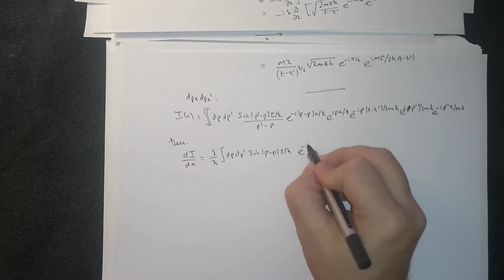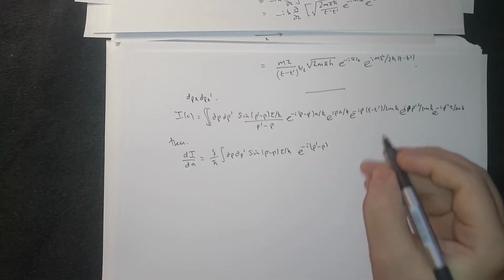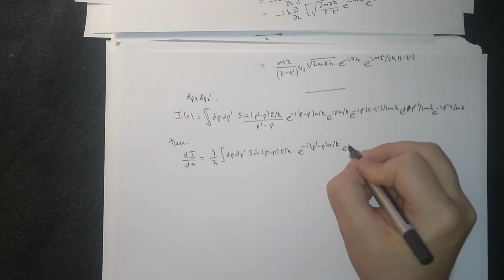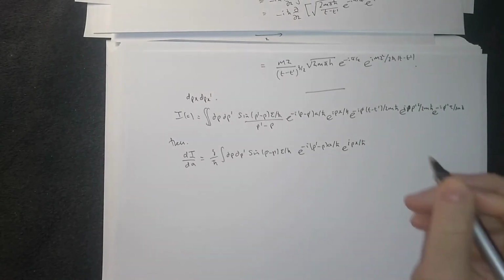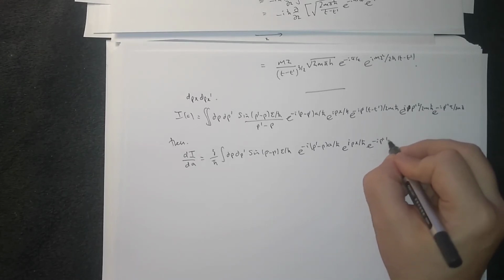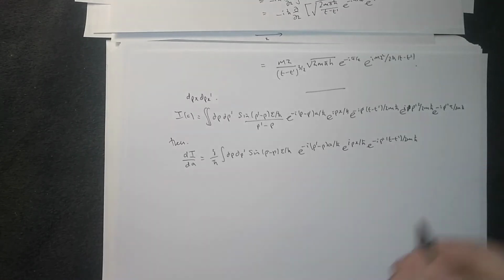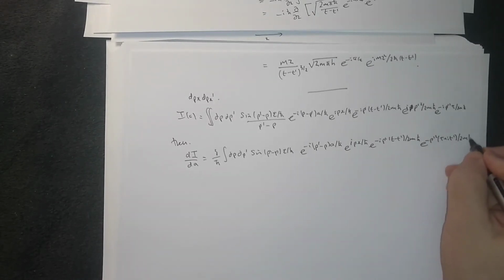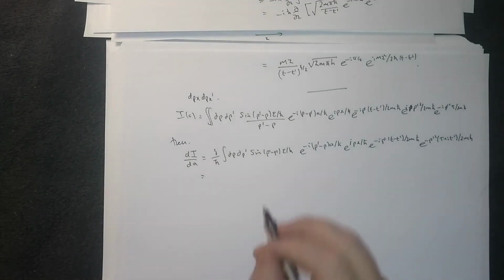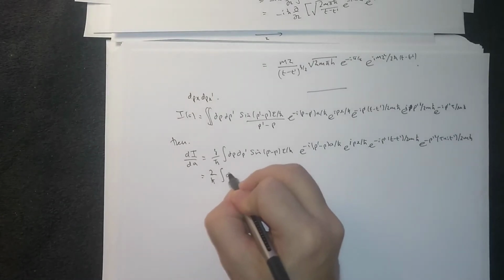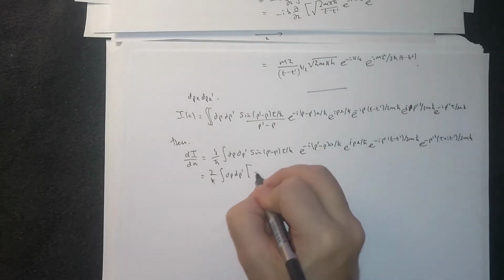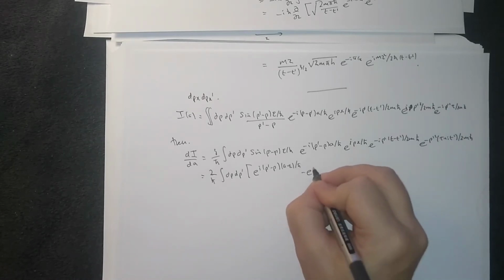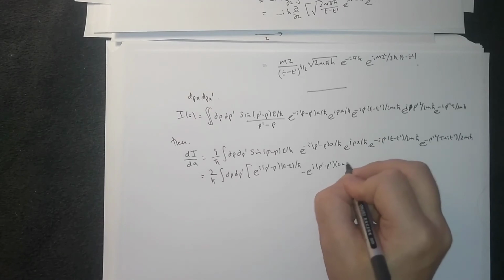We still have an e to the minus i (p prime minus p) a over h bar, e to the i p x over h bar, e to the minus i p squared (t minus t prime) over 2m h bar, e to the minus p prime squared (tau plus i t prime) over 2m h bar, and that's 2 over h bar dp dp prime, i (p prime minus p)(a minus epsilon) over h bar, minus the same with (a plus epsilon) over h bar.